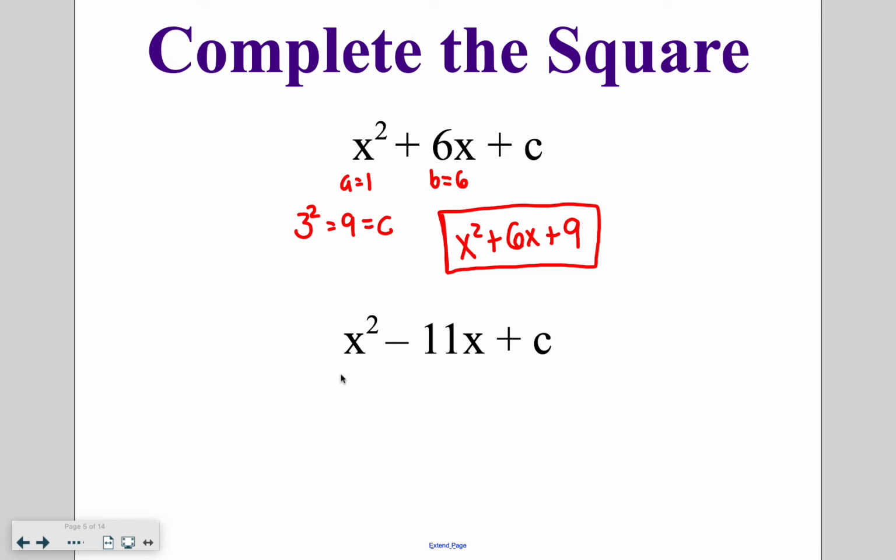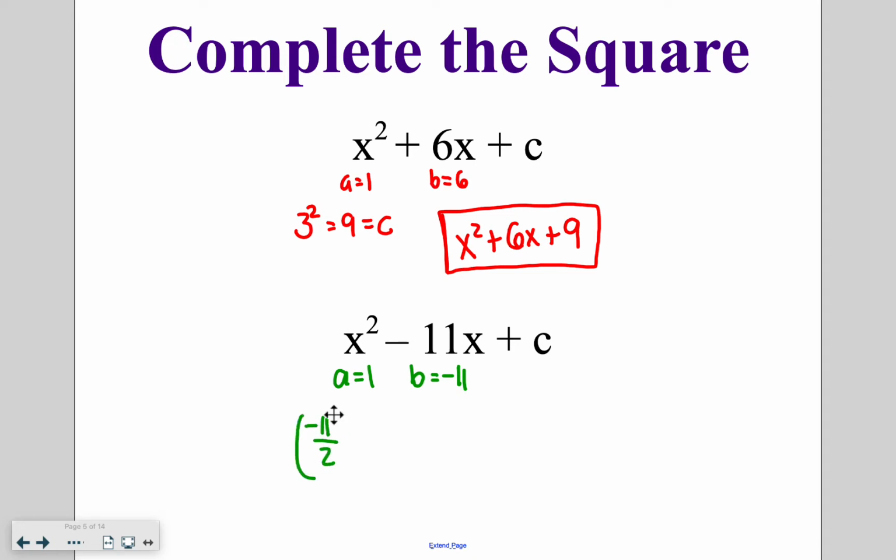Now coming down here to our second example, I've got a is equal to 1 and b is equal to negative 11. C is once again what we're trying to find out. When I go to cut negative 11 in half, that would give me a decimal. So instead of turning it into a decimal, I'm going to leave it in its fraction form, which is negative 11 over 2.